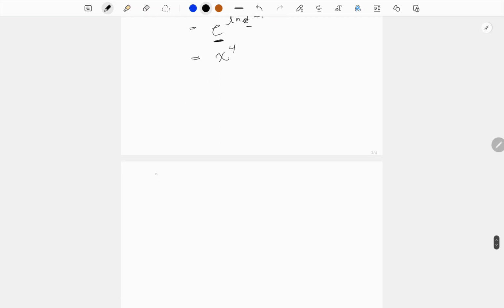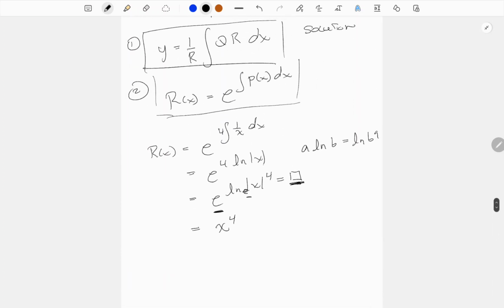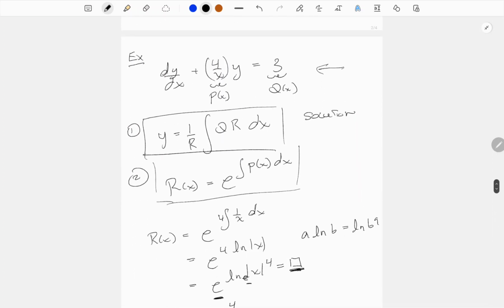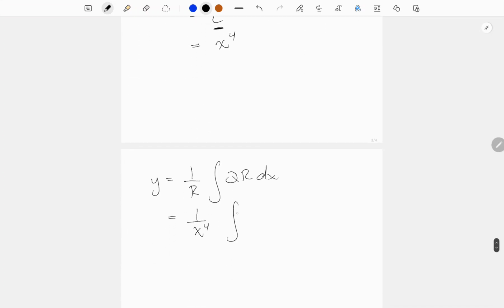That means y equals 1 over, let me rewrite it to make it nice and clear, 1 over x to the 4 times the integral. Now what was q? Q was just a constant in this problem. It was 3. So I can say 3 and then x to the 4 dx, or even pull the 3 out.